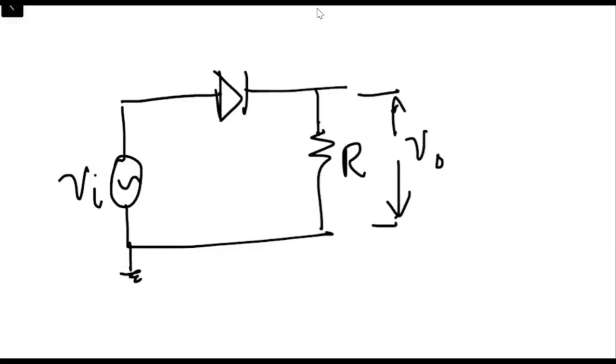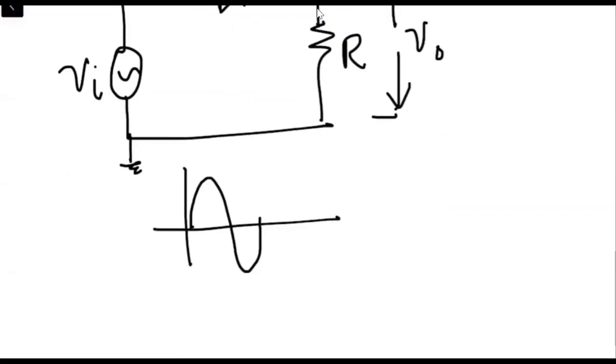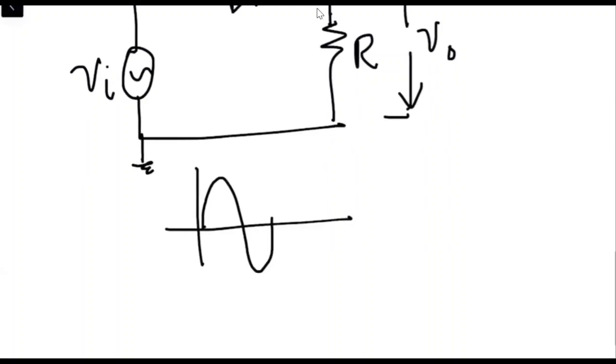So the AC source is VI, and normally it is a sinusoidal waveform, and we say this is VI, right?